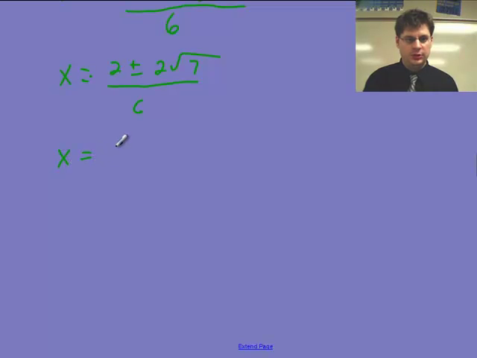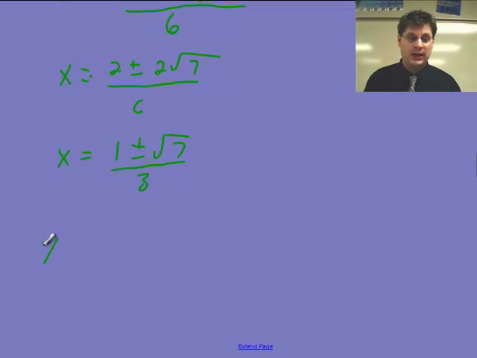We can factor a 2 out of everything, which will leave us with 1 plus or minus the square root of 7 over 3. And those are going to be our other remaining 2 zeros. And those ones are irrational. So we won't find those using the P and Q. This would be the only way we can find that.